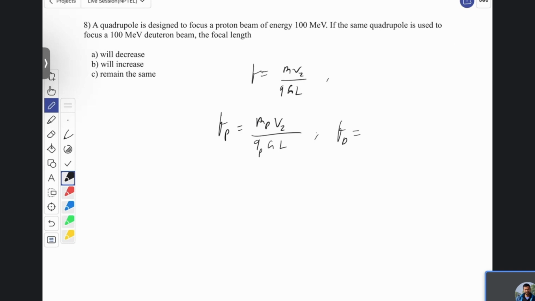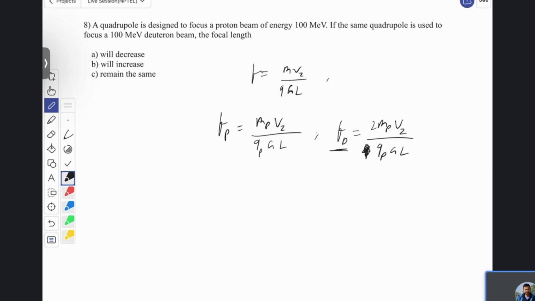deuteron has twice the mass of proton, but the charge of the deuteron is the same as the proton, right? So the focal length is increasing.